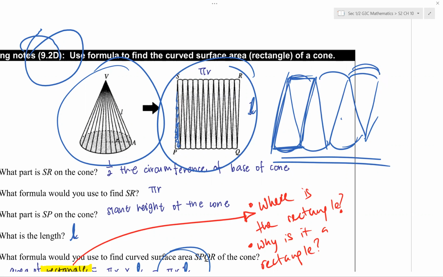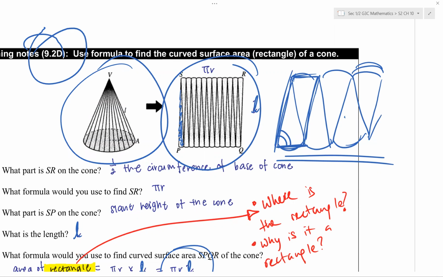How fine should the strips be? 1 mm? That's good, right? Half an mm? Even better. How about 0.000001 mm? That'll be fantastic. The finer you cut, the more this angle becomes 90 degrees, the more it becomes like a rectangle.